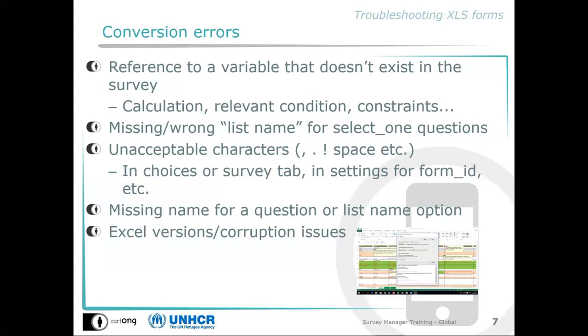You might have a missing name for a question or a list name option, and then also Excel versions and corruption issues. They don't really happen that often. You might not see it very well here on the screen, but if you zoom in on your version, you might see it. This screenshot is a typical Excel conversion corruption issue.